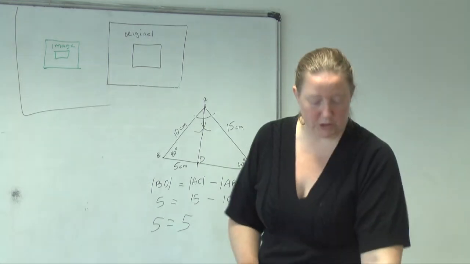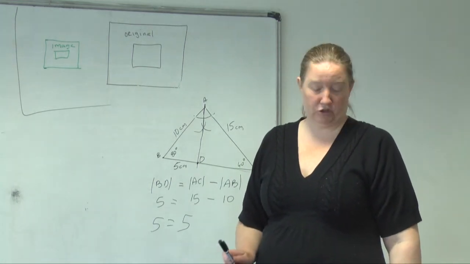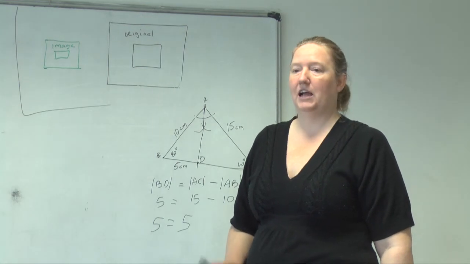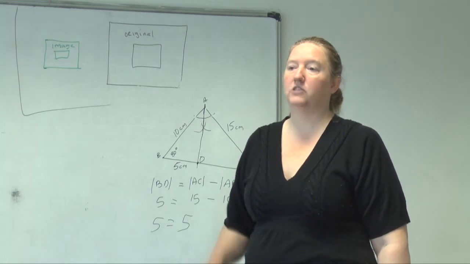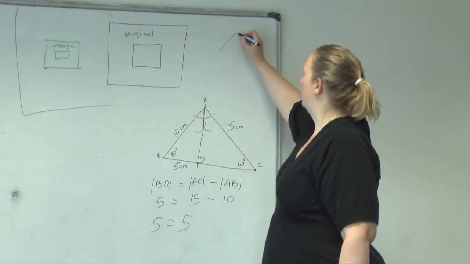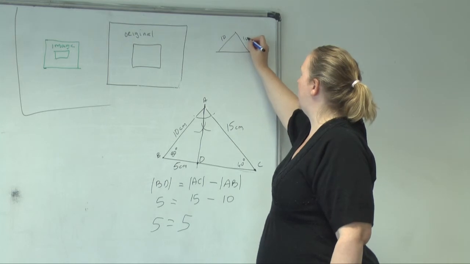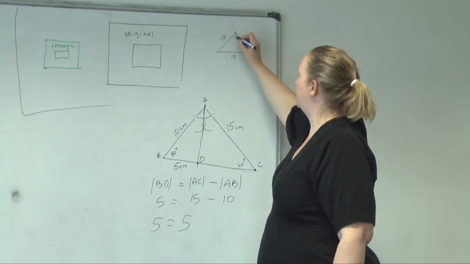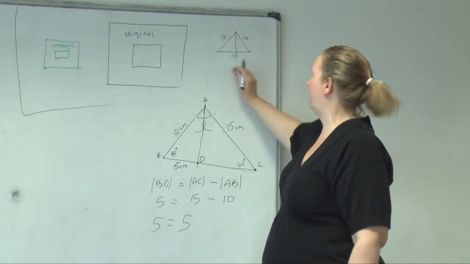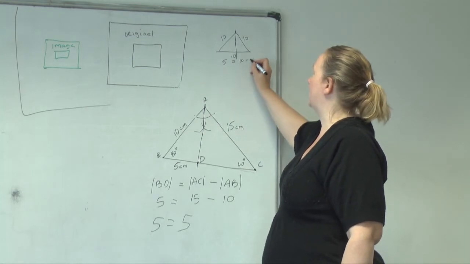Do you think that the result you verified for C is true for every triangle? Justify your answer. The answer is no. If you did an equilateral triangle, where that was 10, that was 10, and that was 10, then your bisector would cut that directly in half. That would be 5, which is not equal to 10 minus 10.